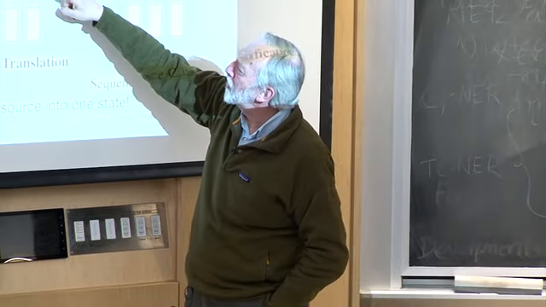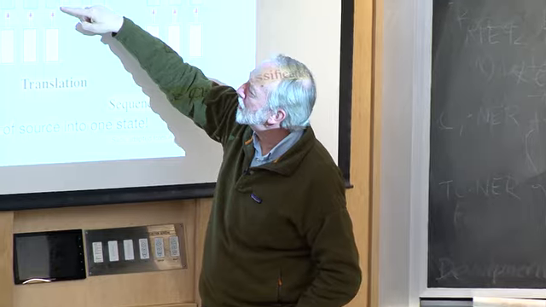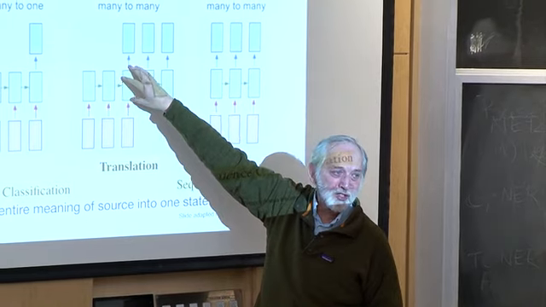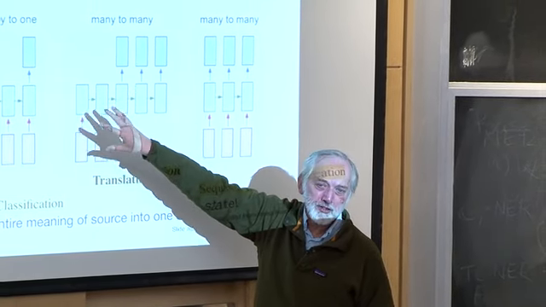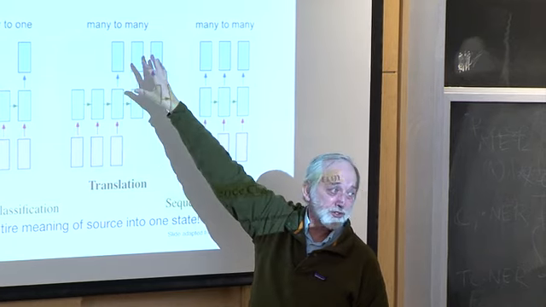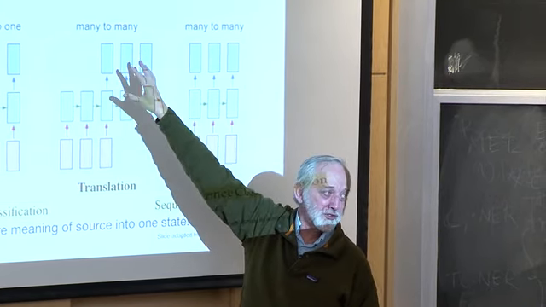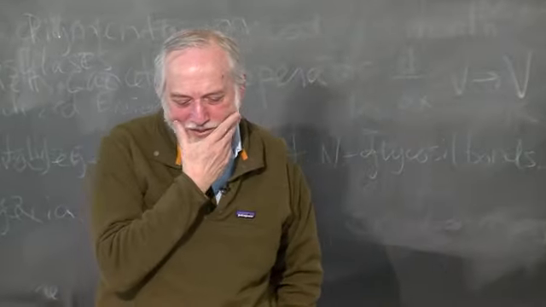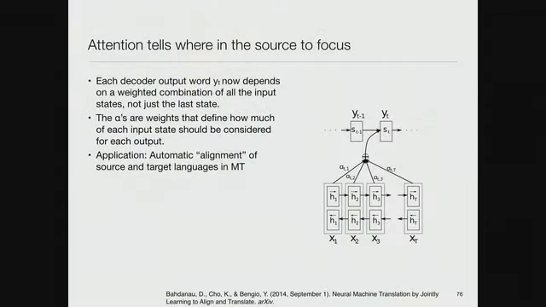But the critical feature here is that in the initial version of this, everything that you learned about this English sentence had to be encoded in this one vector that got passed from the encoder into the decoder, or from the source language into the target language generator. So then someone, namely these guys, came along and said, wouldn't it be nice if we could provide some auxiliary information to the generator that said, hey, which part of the input sentence should you pay attention to?